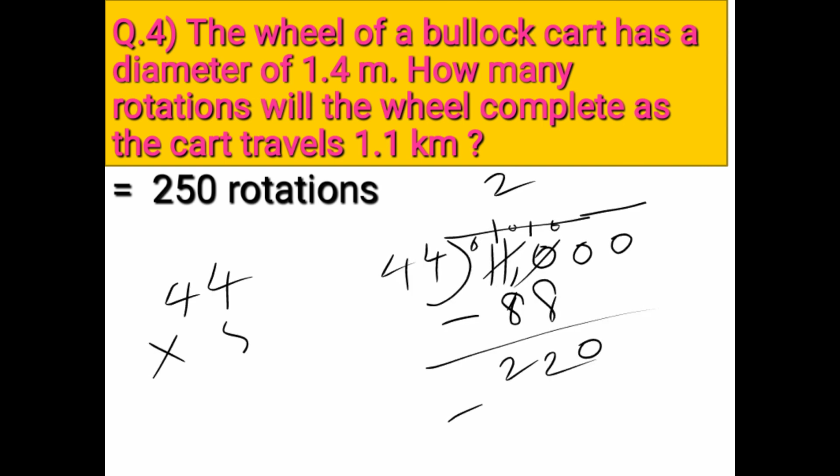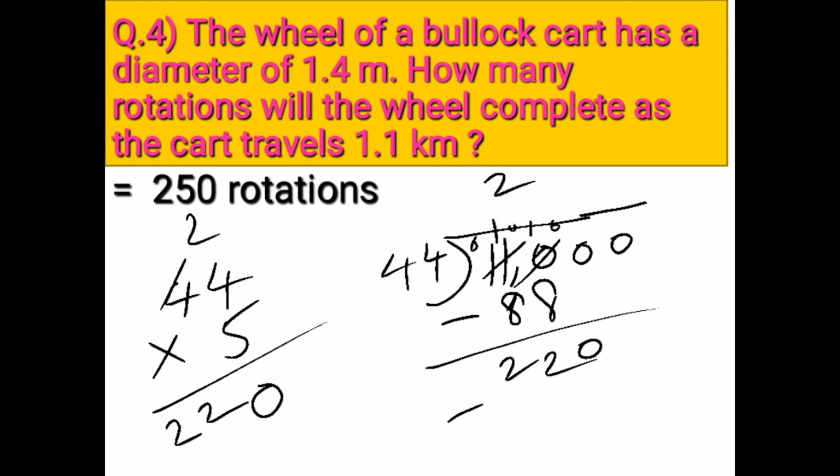When you do 5s, 5 4s are 20, 2 carry over. 5 4s are 20, 20 plus 2 is 22. So 44 5s are 220. 220 minus 220 is 0.